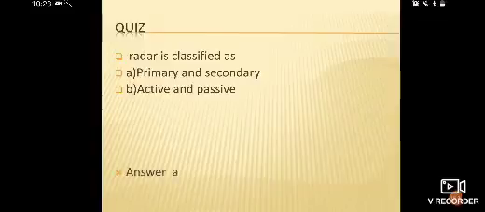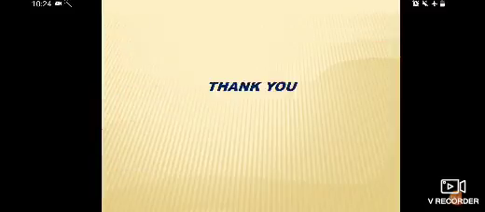The answer is primary and secondary. The radar is basically classified into two types, primary and secondary. Under the primary it is classified into pulsar radar and CW radar. Under the secondary it is used mainly for application purposes. It is not classified as active and passive.